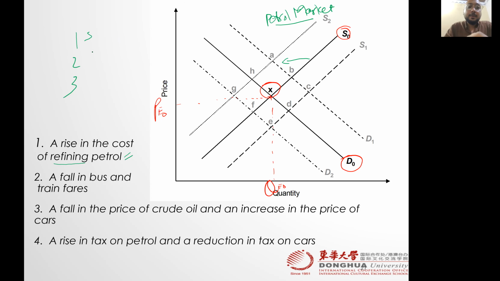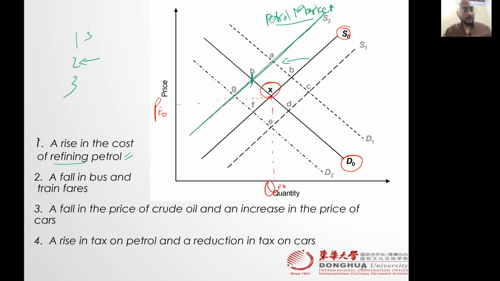Supply shifts left. If you see supply here, this is demand D naught, the new equilibrium is H, right? So for 1, the answer is, are we clear?